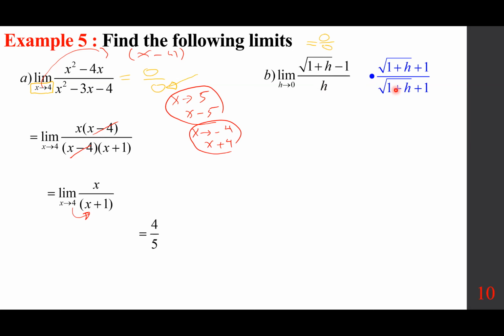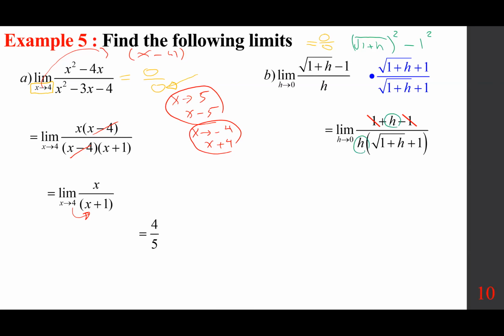However, the numerator is a minus b times a plus b. This gets squared up. So let me just write it at the top in case. So the numerator becomes the square root of 1 plus h, squared, minus 1 squared, and we get the following. Again, what happens to the denominator? Absolutely nothing. You notice 1 and negative 1 cancel each other.